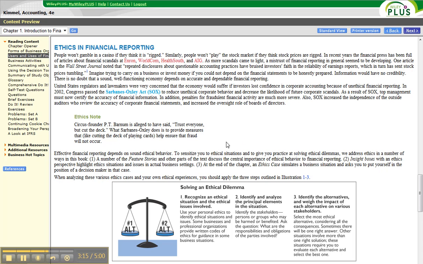Big discussion on ethics. Ethics in accounting has really been a focus by rule makers or by lawmakers over the past decade or so. The collapse of many large corporations because of accounting scandal caused the government to pass the Sarbanes-Oxley Act in 2002.